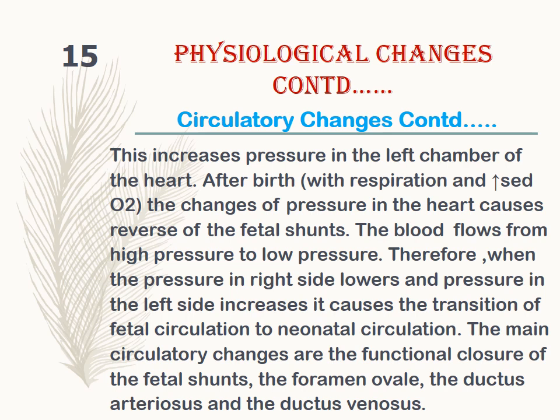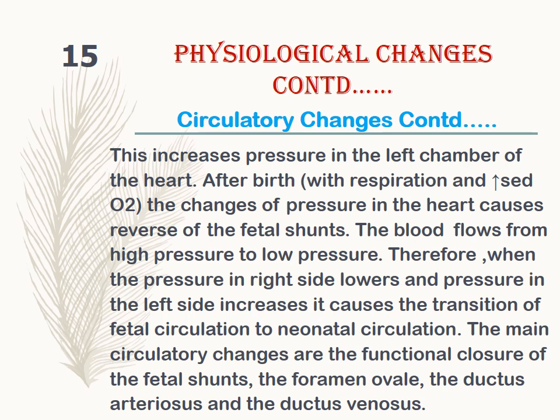With the respiration and the increased oxygen, the changes of pressure in the heart cause the reversal of the fetal shunt. The blood flows from the higher pressure to the lower pressure. Therefore, when the pressure on the right side lowers and pressure on the left side increases, it causes the transition of the fetal circulation to neonatal circulation.